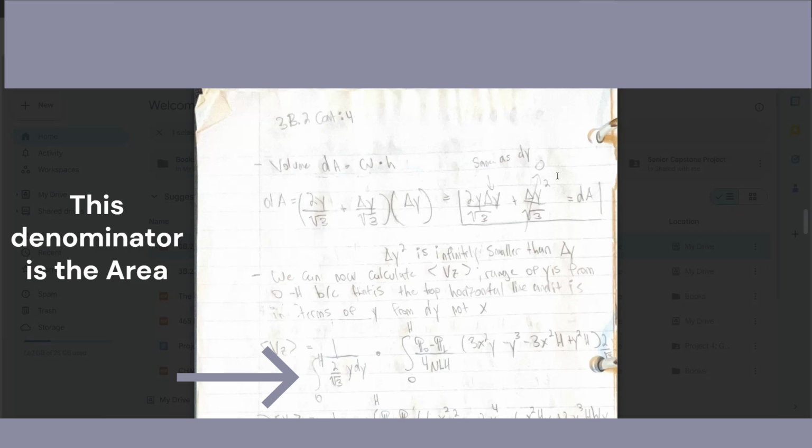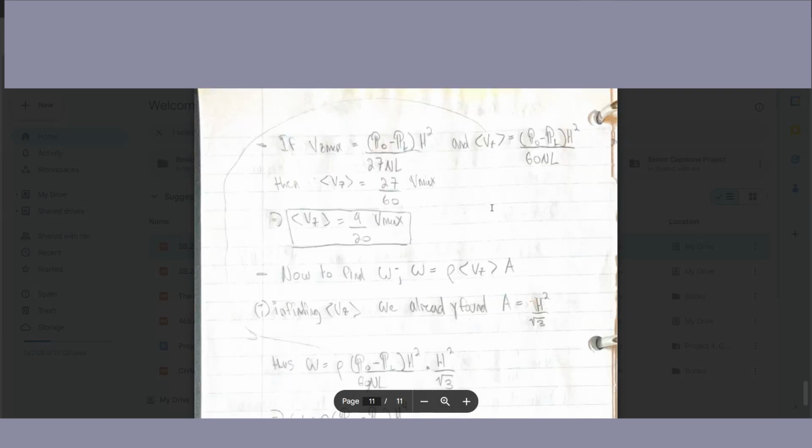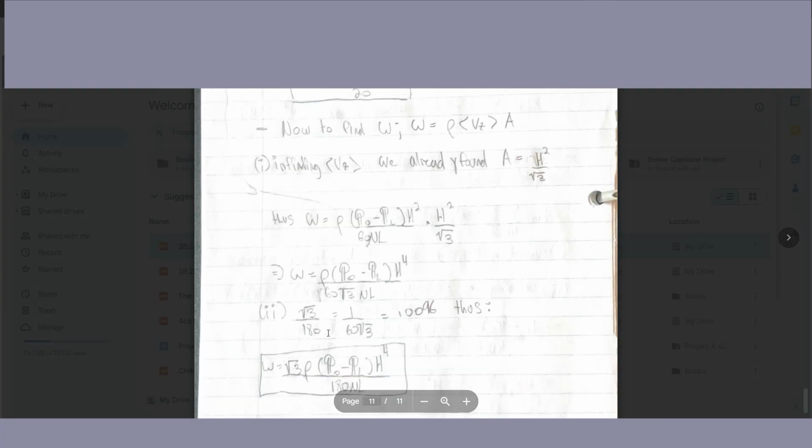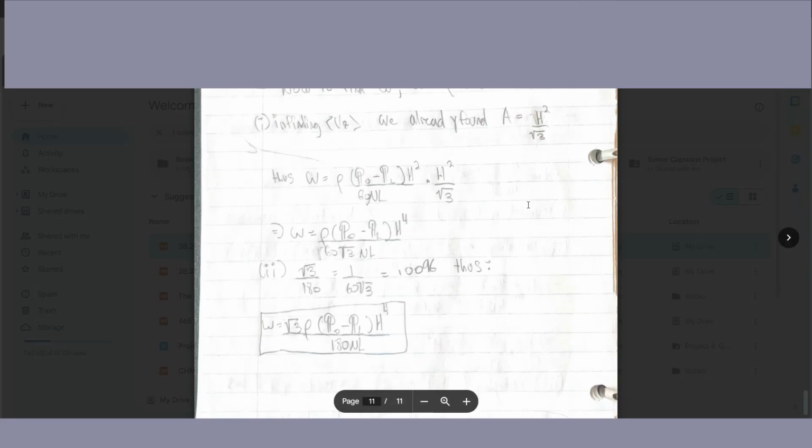So basically, you just eliminate it. So this is from the integration. The integration of dA equals A. So that's how we got that. And so this mass flow rate equals density times average velocity times area, and mass flow rate equals this, which is the answer.